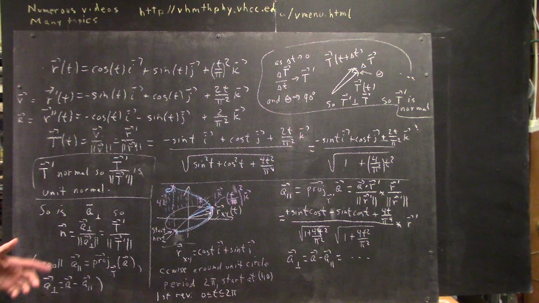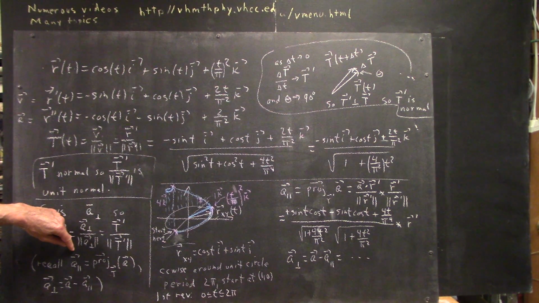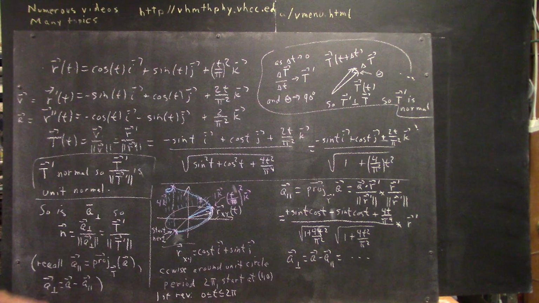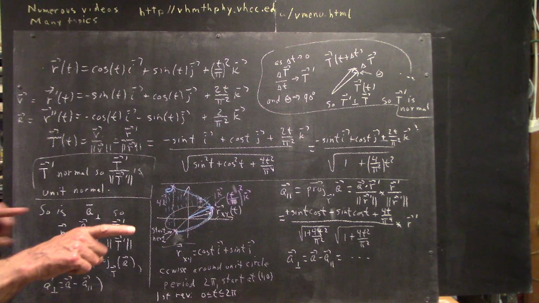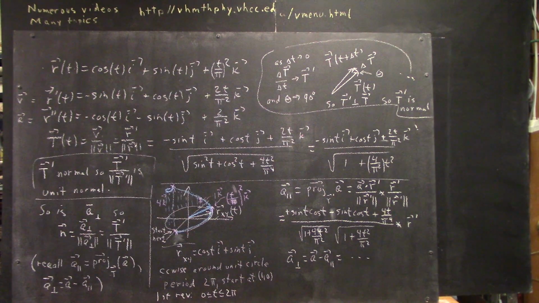And then, of course, to get A perpendicular, you recall what I just did with my fingers. A parallel is the projection of the acceleration vector onto the unit tangent vector, and A perpendicular is then the A vector minus the parallel component. This is because if you add the parallel component of the acceleration to the perpendicular component, you get the acceleration.